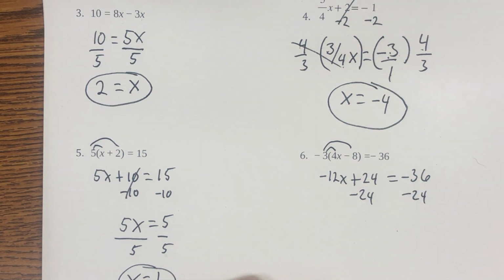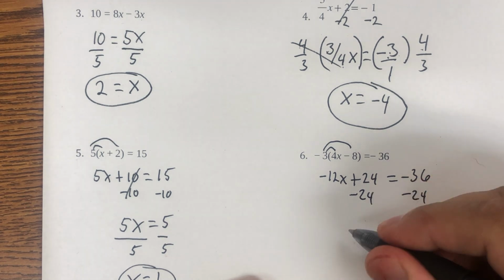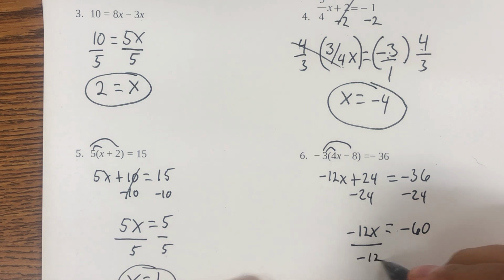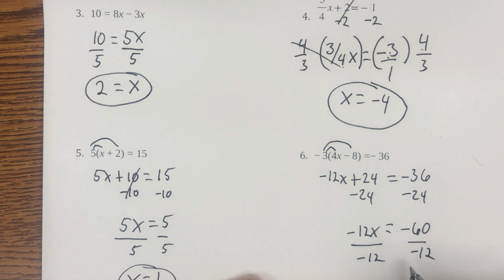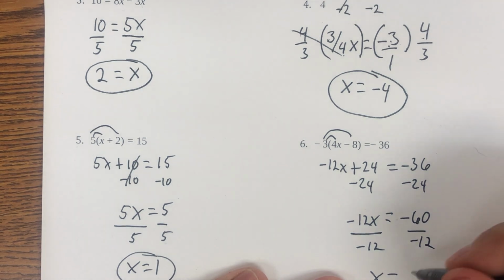Negative 36 minus 24. If you need to use a calculator, feel free. And we'd get negative 60 is equal to negative 12x. And finally, divide both sides by negative 12. Careful here, negative divided by a negative changes to a positive. And x is equal to positive 5.